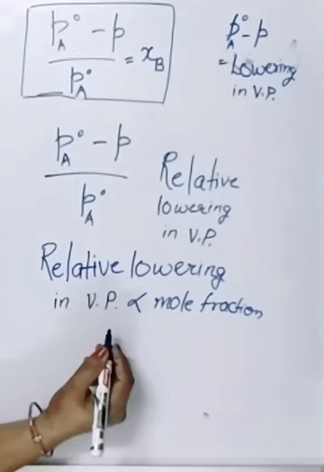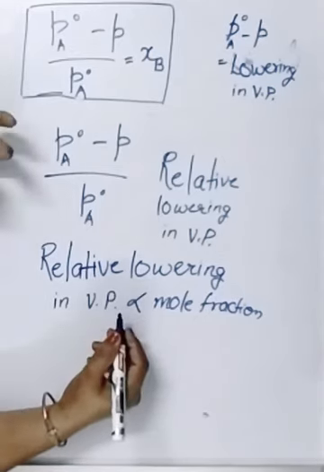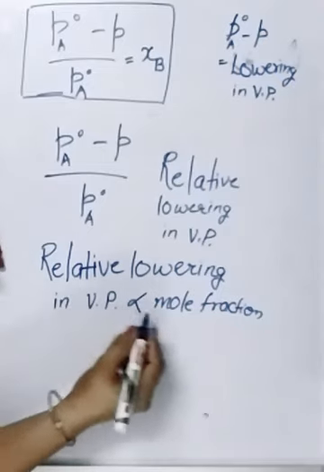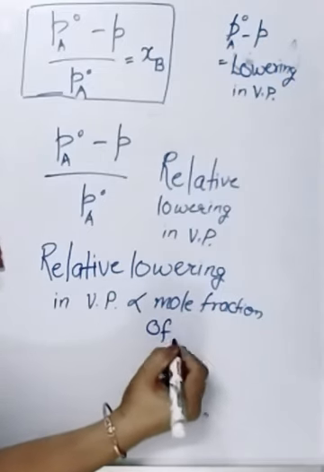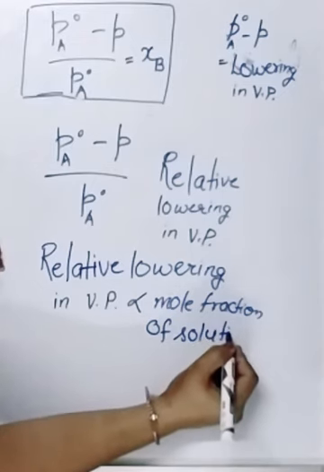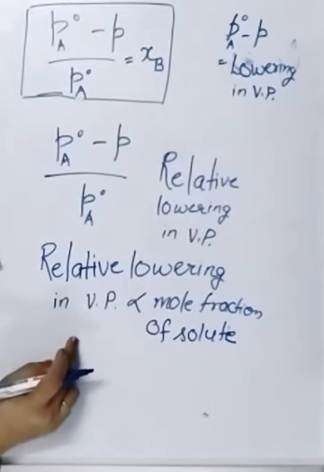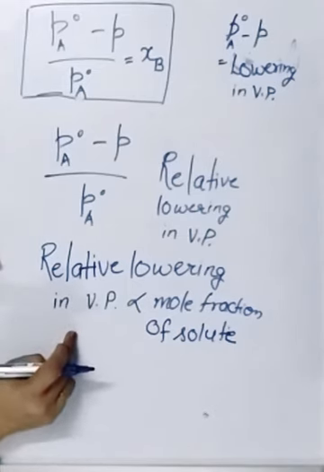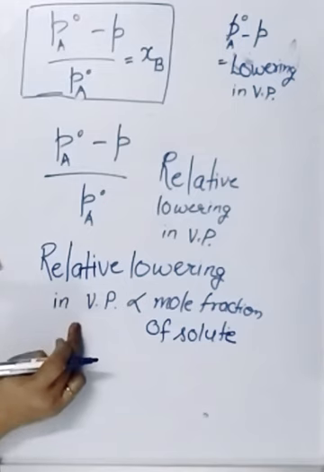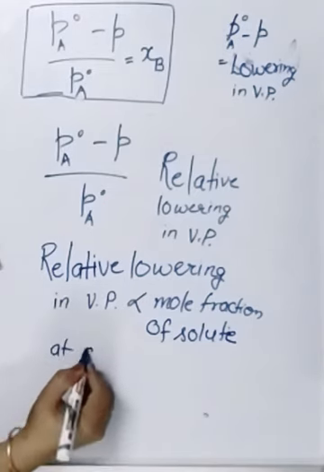So the more non-volatile solute there is, the lower will be the vapor pressure of the solution. So we will see another statement for Raoult's law: relative lowering in vapor pressure is directly proportional to the mole fraction of solute at a given temperature.